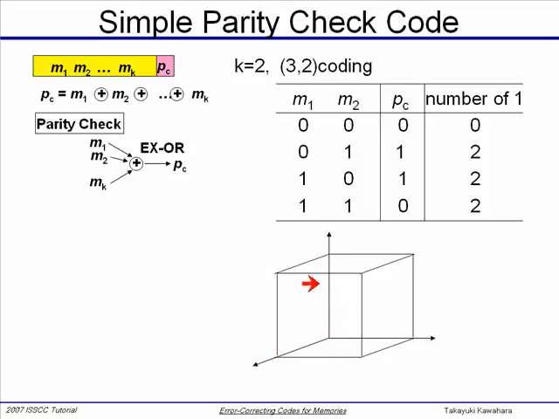Every bit pattern is plotted here. So this is some intuitive explanation of why we can check the error. Our original datum is 0, 0, 0, but one bit is changed. So let's say it's 0, 0, 1.